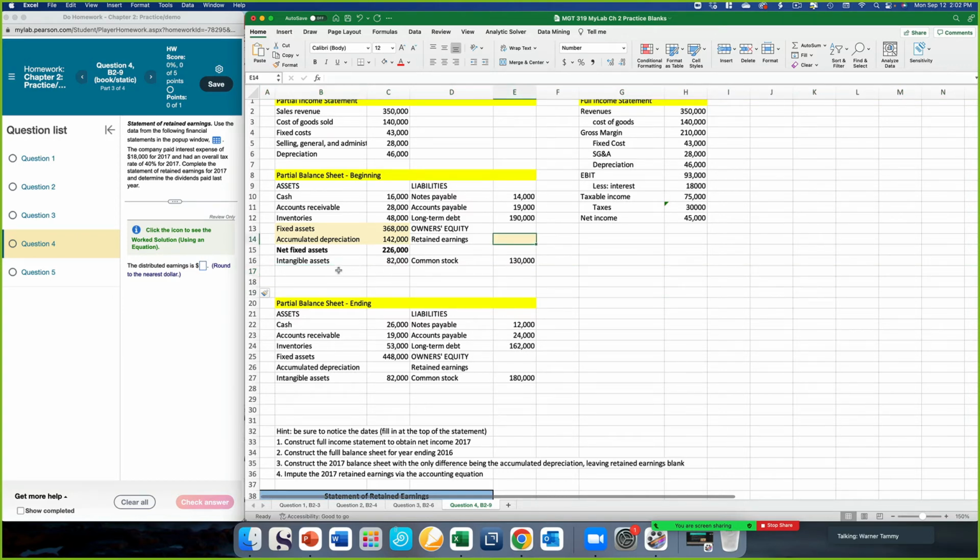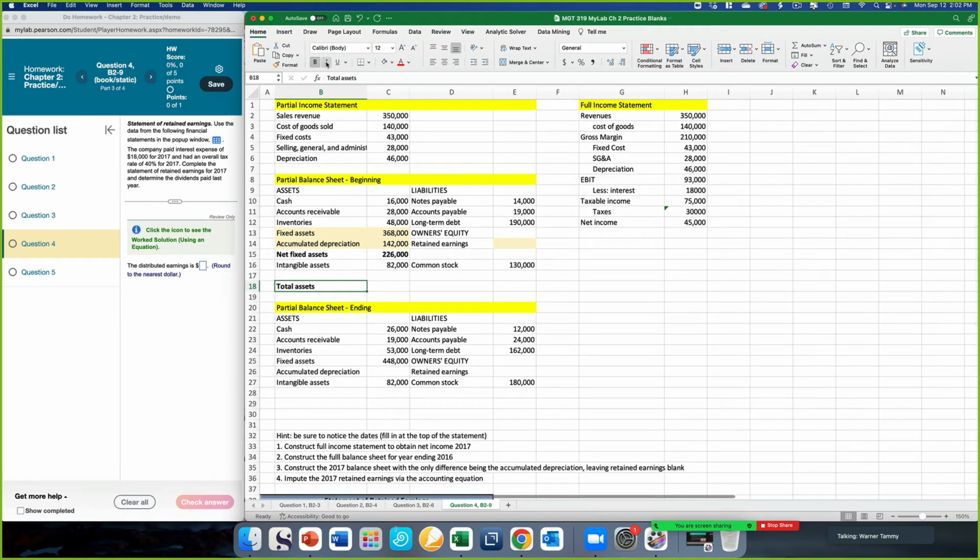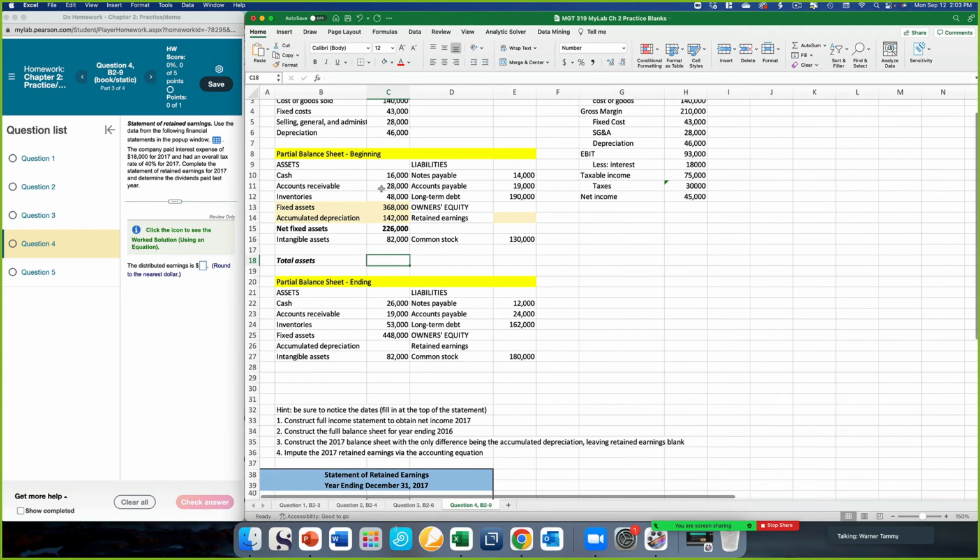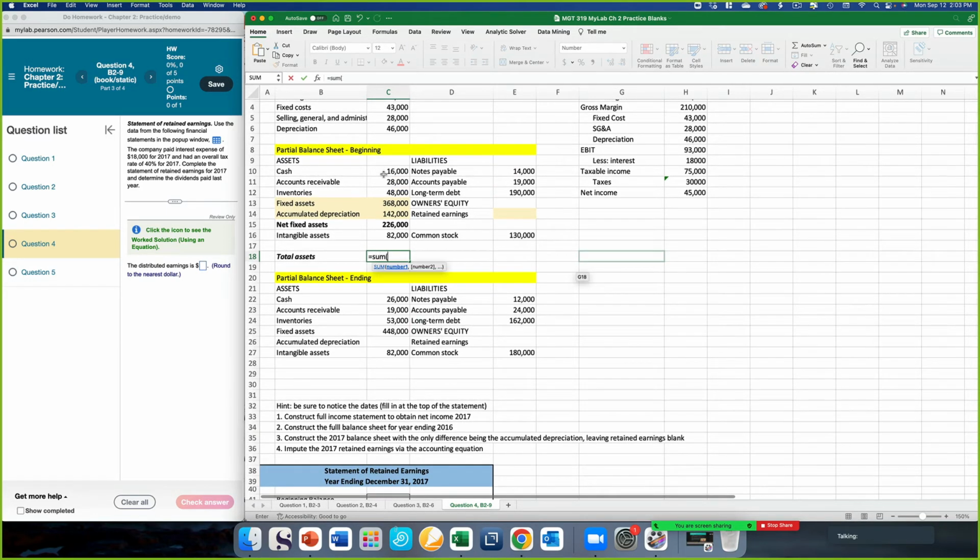Okay, so this is a partial balance sheet. But now that we've calculated the net fixed assets, we can go ahead and complete the total assets, which is the key to it all. Okay, let's make that bold and italic so you can see it. Now our total assets are going to be all of these short-term assets, all these current assets, cash, accounts receivable, and inventories, plus the net fixed assets, plus the intangibles.